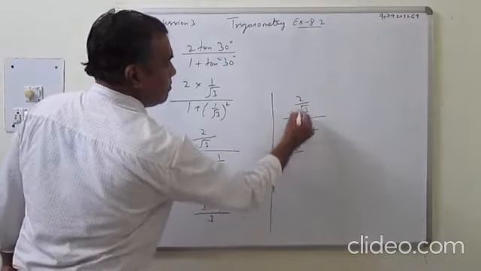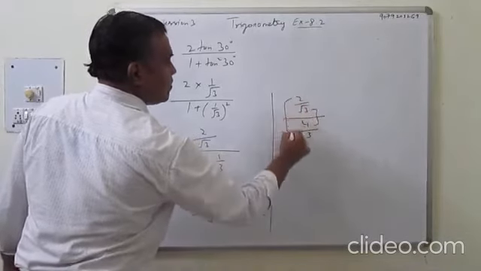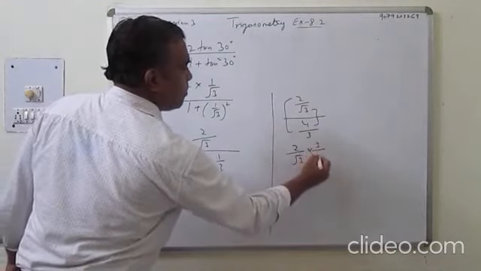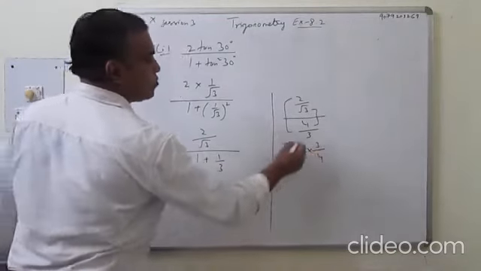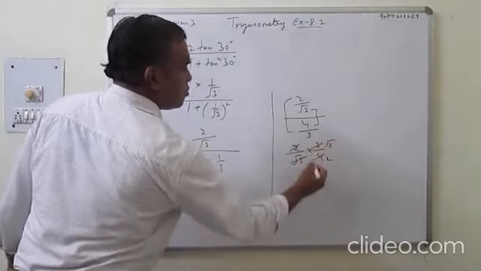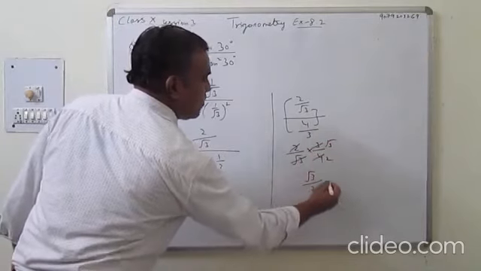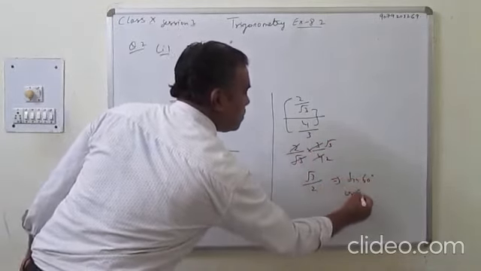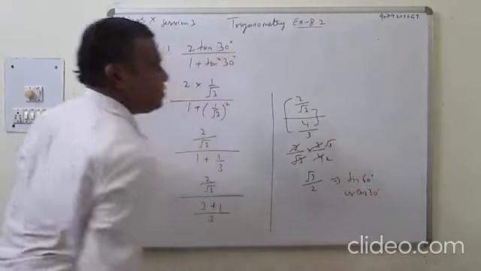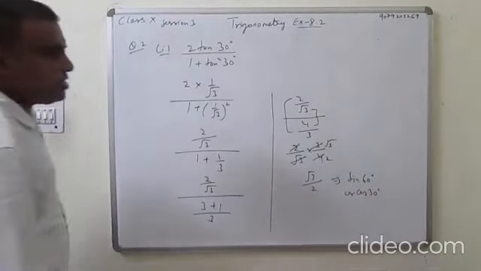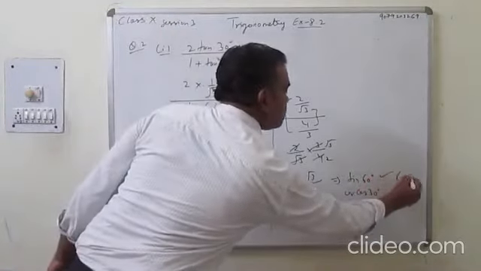So multiply 2 upon root 3 into 3 upon 4. So 2 will cancel out and this will cancel out. So this is root 3 by 2. This is the value of either sin 60 or cos 30. See which option is available. It is sin 60, given in option A.